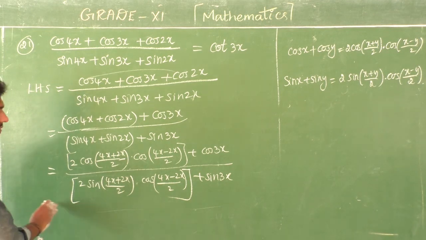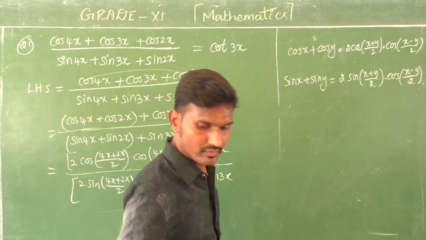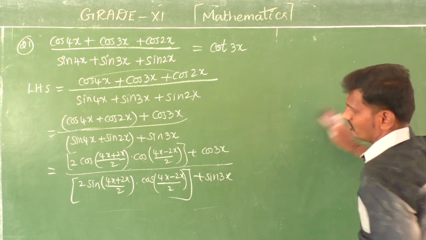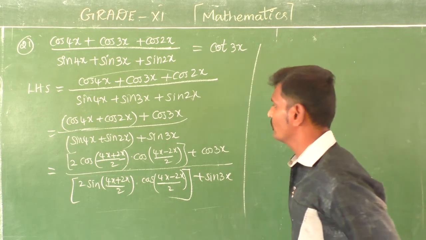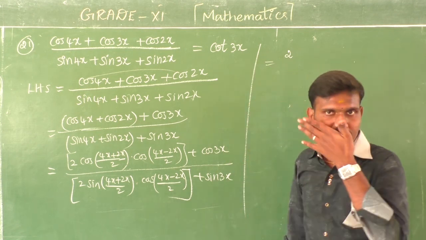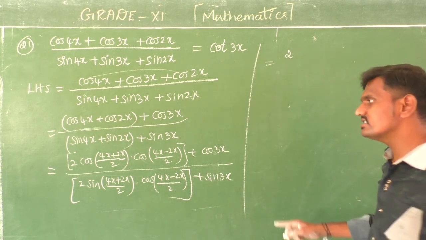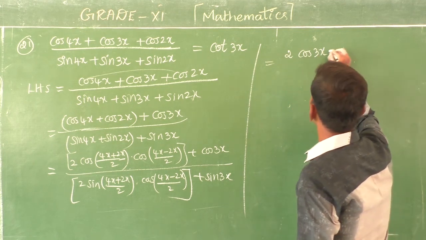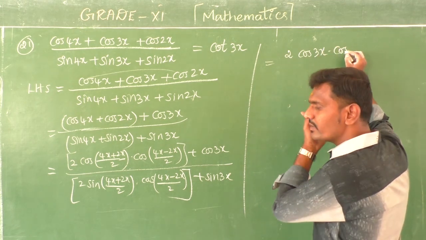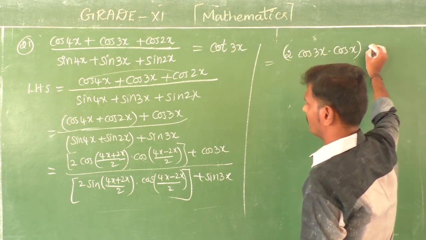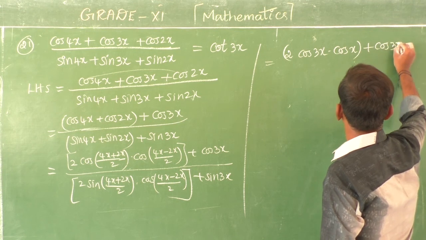Next, simplify that. Now the simplification: 2 cos (4x plus 2x) by 2, 6x by 2, so that is 3x. So 2 cos 3x into cos (4x minus 2x) by 2, that is cos x, plus cos 3x.